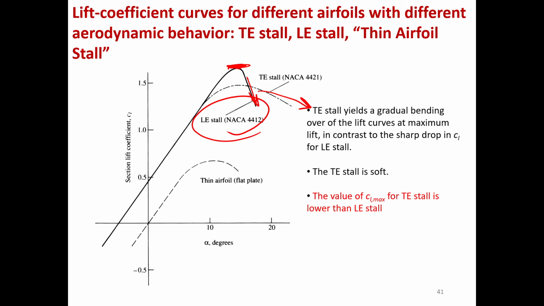And the thin airfoil, of course, gets the lowest CL max. The main reason behind it is that the flow sees very sharp corners, and those trigger the flow separation much sooner than the other two conditions.